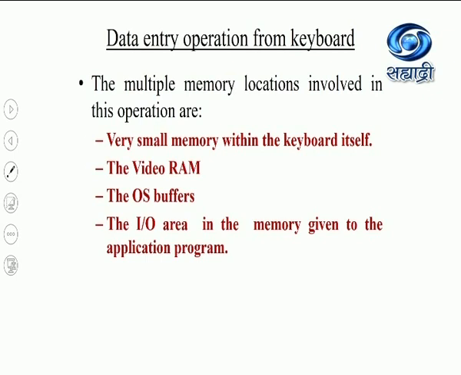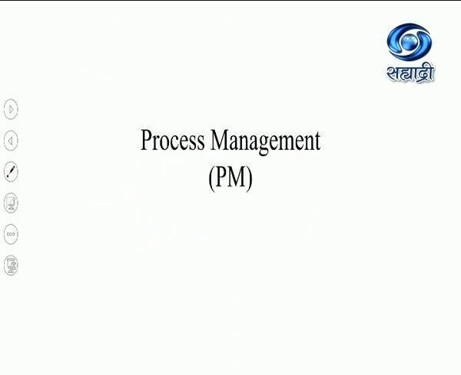Then the video RAM. Then the OS buffers. And lastly, the fourth memory involved is the I/O area in the memory, that is in the RAM, given to the application program. So you may be asked in the examination which all memory locations are involved in data entry operation from the keyboard. So remember these 4 memories.